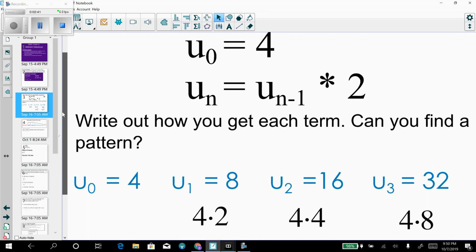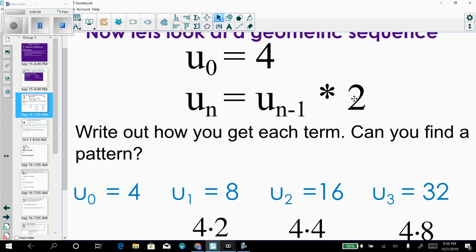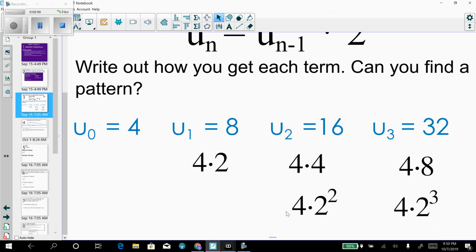So taking a look at where we started with a 4, and we're doubling, and then we've got this exponent here. Notice that it matches up here.